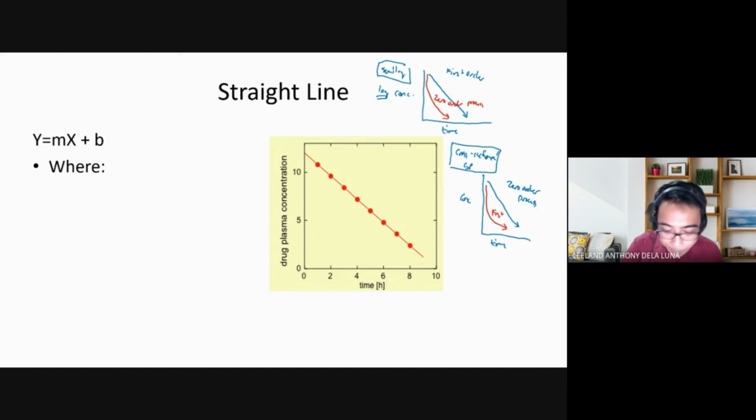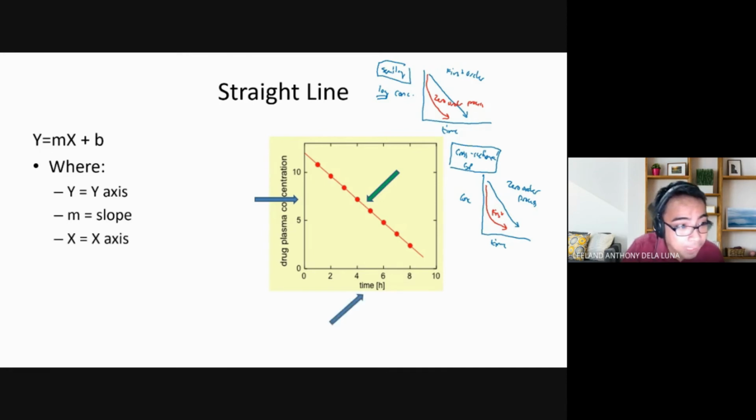Ano ba yung y na yun? Y refers to any data in the y-axis. M refers to your slope. Okay, so how steep is your line going down? X would be referring to the data in your x-axis. And then b, class, would refer to the y-intercept. Y-intercept, class, is where your line connects with the y-axis. Okay, kung saan siya magkoconnect.